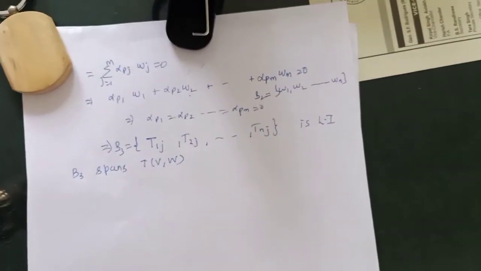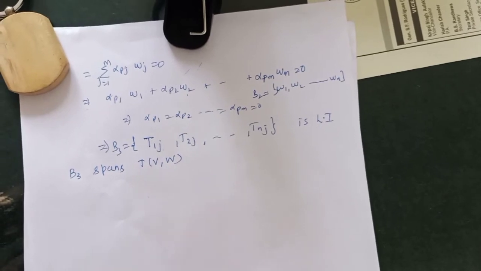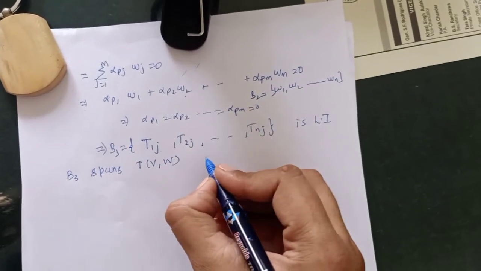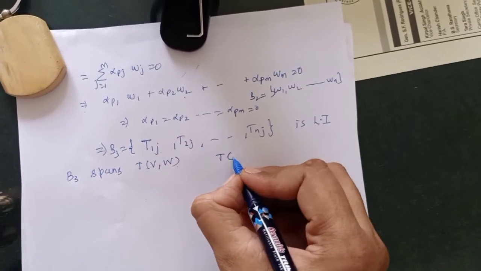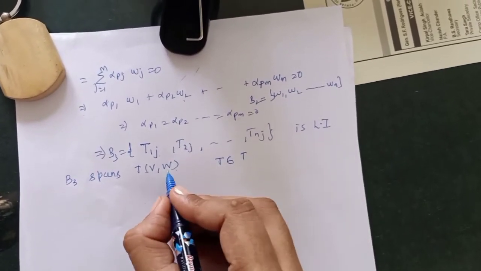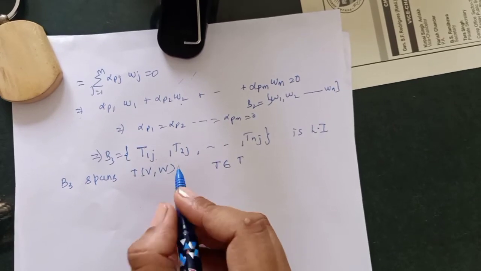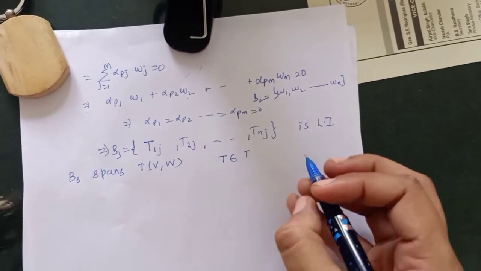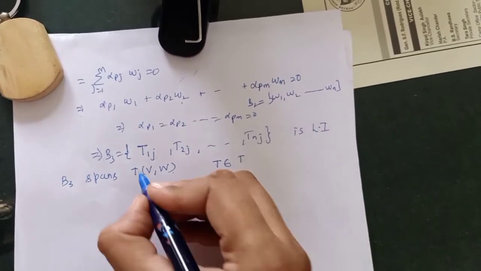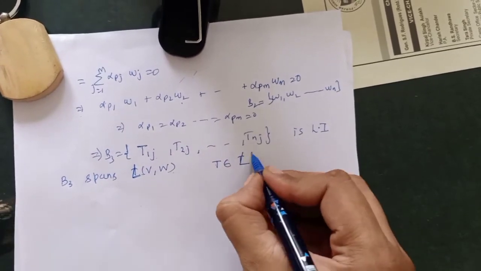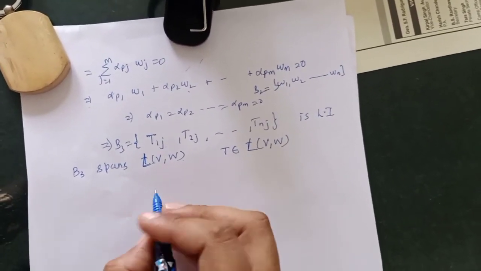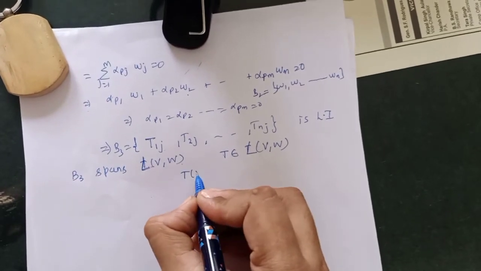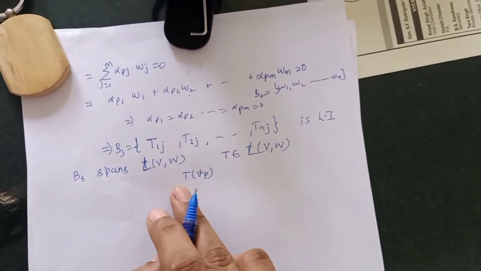In order to prove so, I will take an element from this set of all linear transformations. Let me say T. Its vector is a linear transformation, T from this set of all linear transformations from V to W. Now can you observe what T of Vp will be?